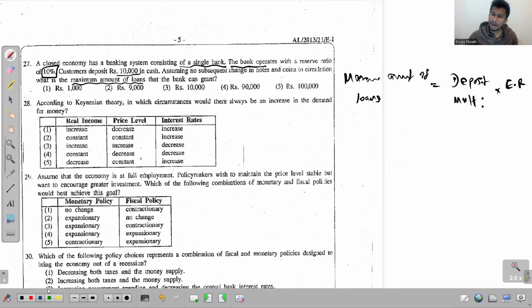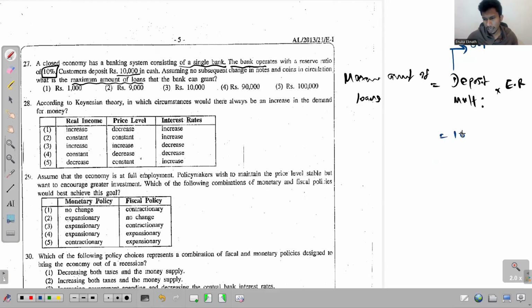So to calculate this deposit multiplier, we simply take the reciprocal of SRR. So if SRR is 10%, the reciprocal of that would be 1 over 10%, which means 1 over 0.1. So this will give us this value of 10. So deposit multiplier in this economy is 10.